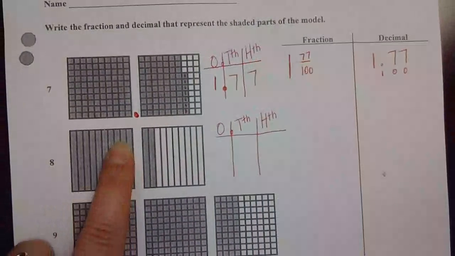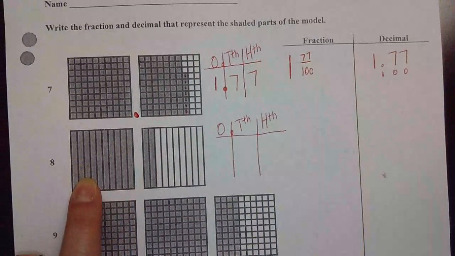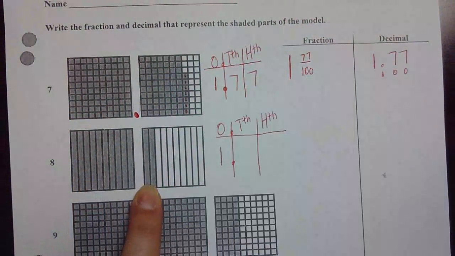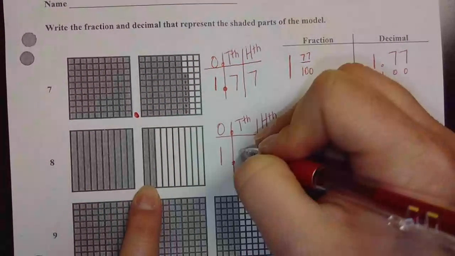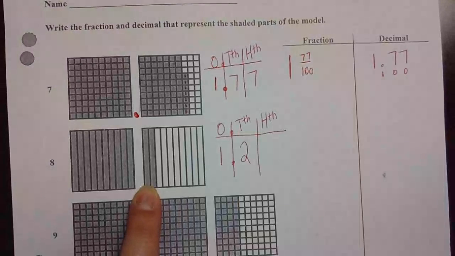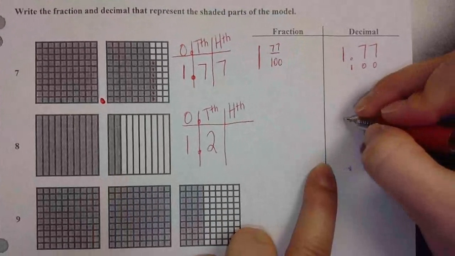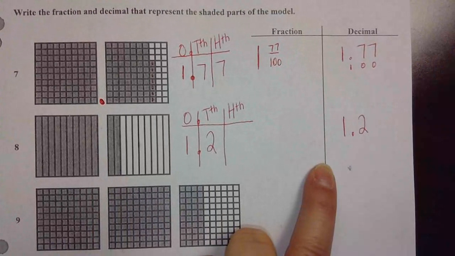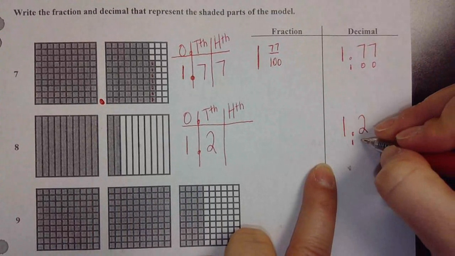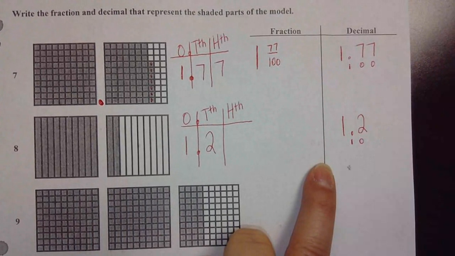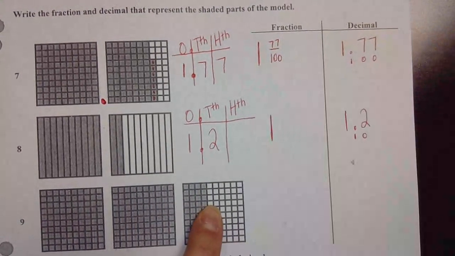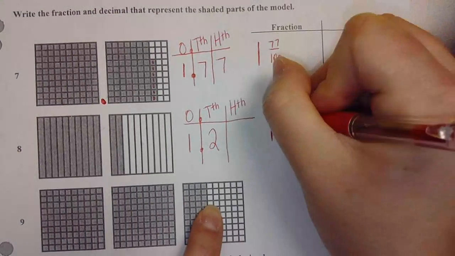So this is 10 out of 10, which represents the whole. So I have 1, and here's 2 out of the 10. So 2 tenths. So my decimal is 1 and 2 tenths. I put my 1 under the decimal with a trailing 0 to help with my fraction. So I have 1 whole, so Big Daddy 1 whole, and 2 tenths.